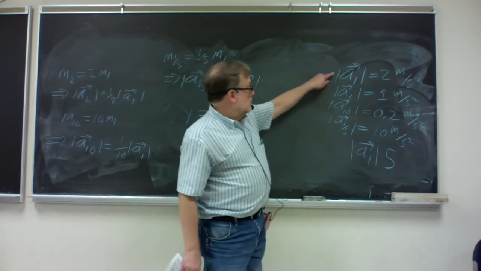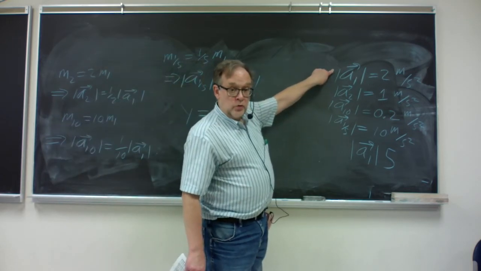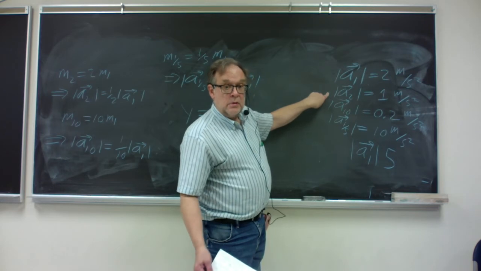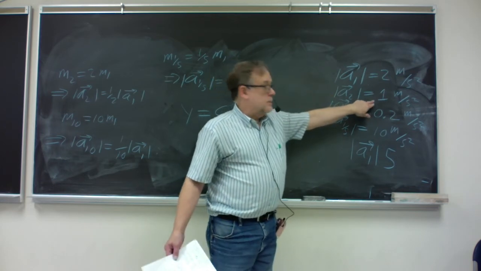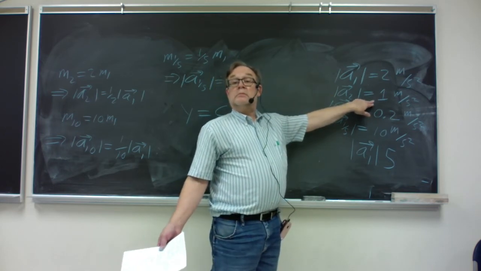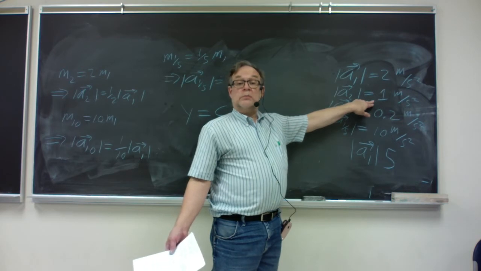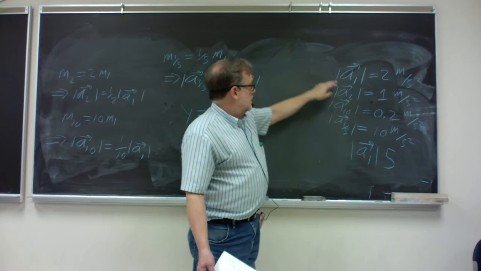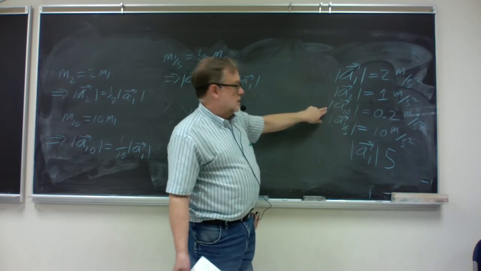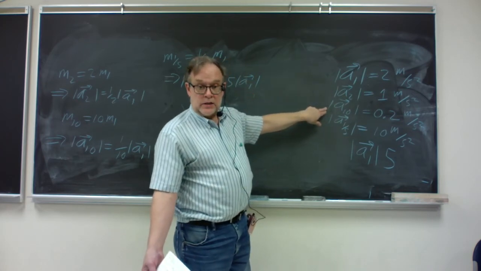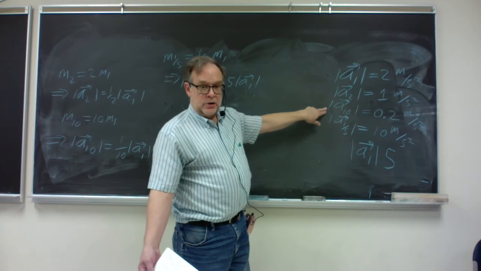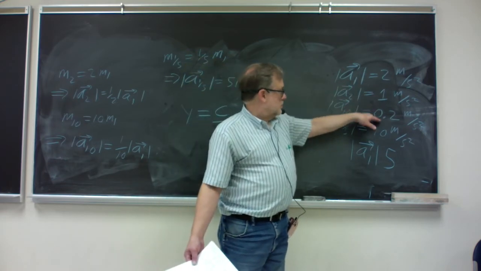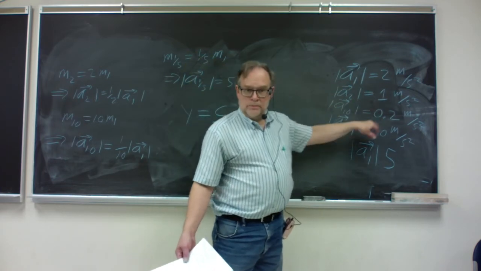When you went from the first mass to the second mass, the mass got bigger and the variable that it is inversely proportional to, the acceleration, got smaller. And going from mass 1 to 10 times more mass, the mass got bigger and the acceleration got smaller.